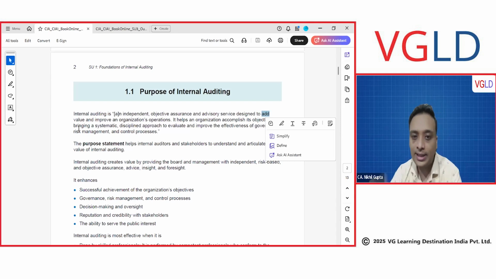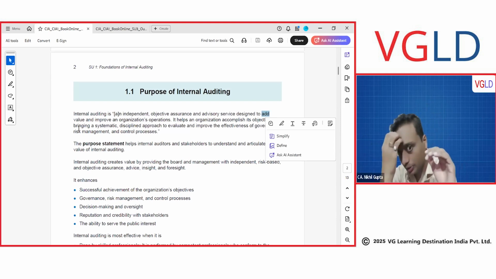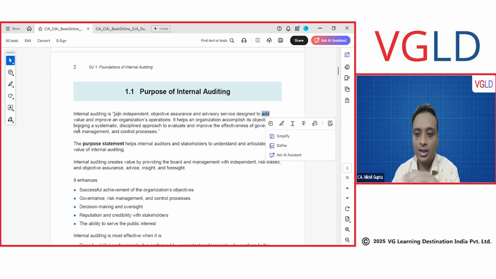Also, they work in an integrated manner. It's not that one process works independently. For example, from a revenue or sales perspective, the sales department cannot function in isolation. Obviously, they have to deal with the purchase department or delivery department as well. Then only will the whole O2C cycle complete.